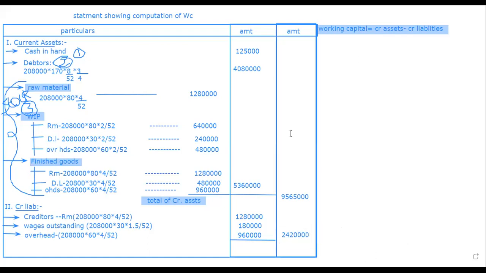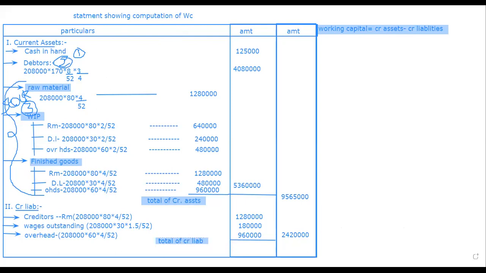Current asset minus current liability. So this is my total of current liability.